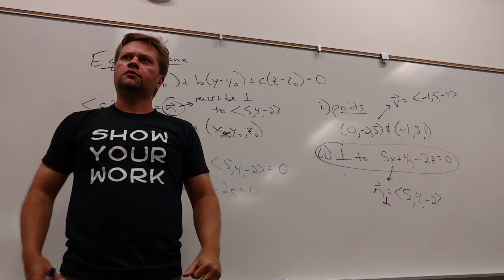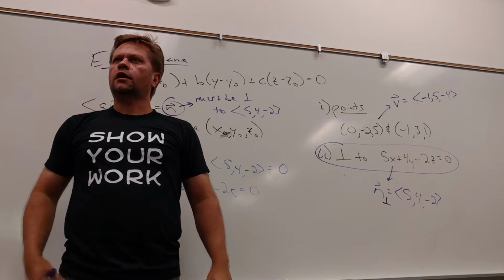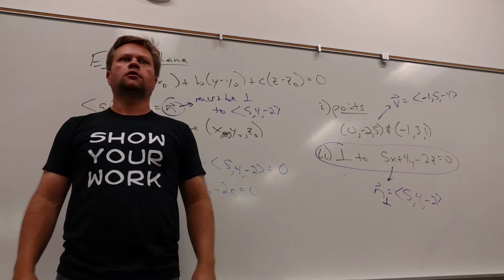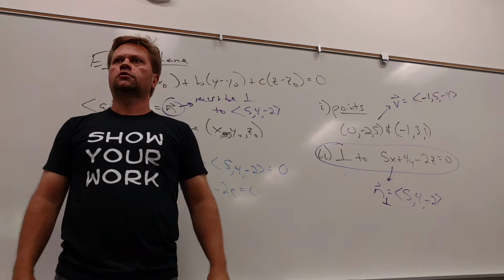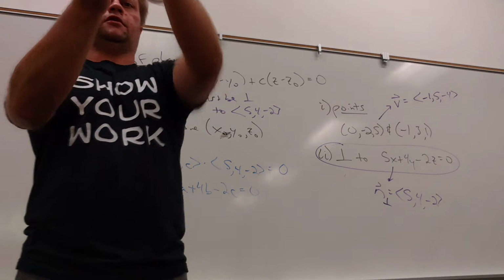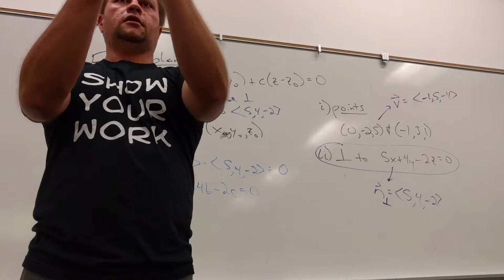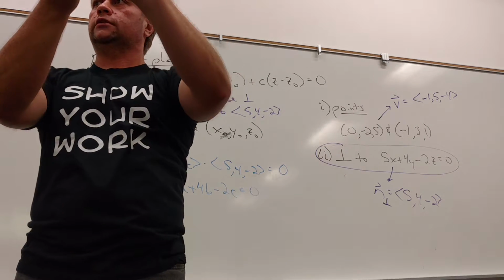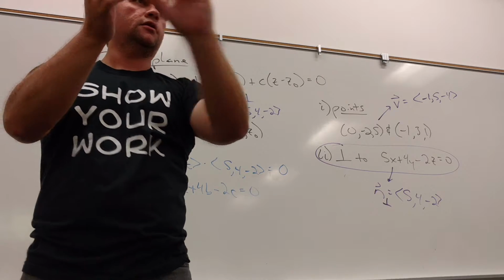It's not enough though. How many vectors are orthogonal to that vector? If I have a vector sitting here, all of these are perpendicular. Do you guys get that?